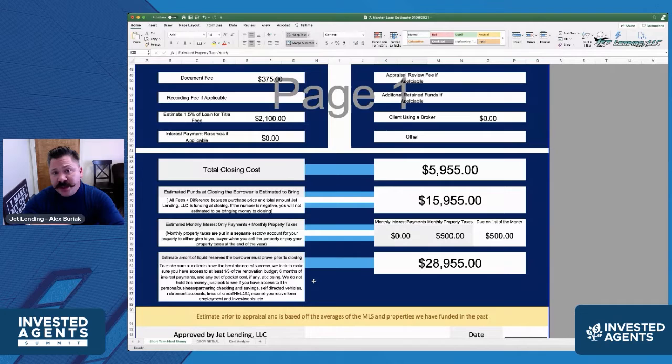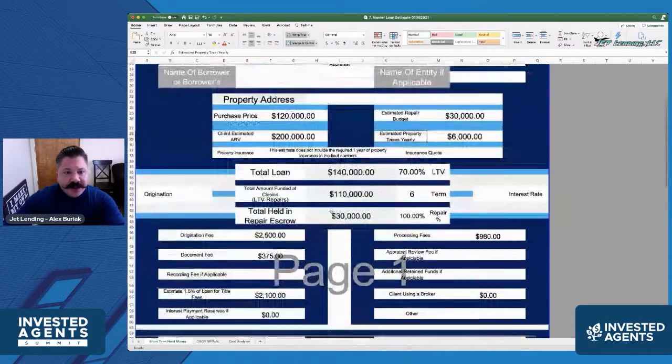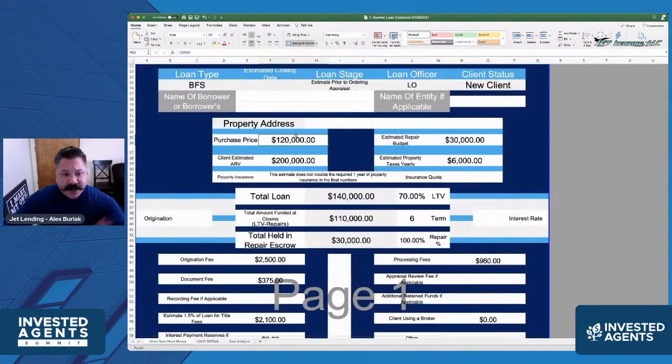So we want to make sure the borrowers do really well on their projects so they can keep buying. As we're seeing here, this is how you can fund a nice fix and flip or even a rental that needs some repair.